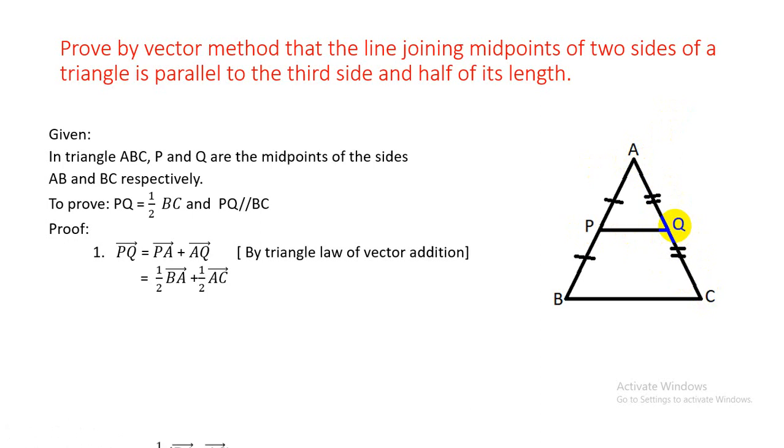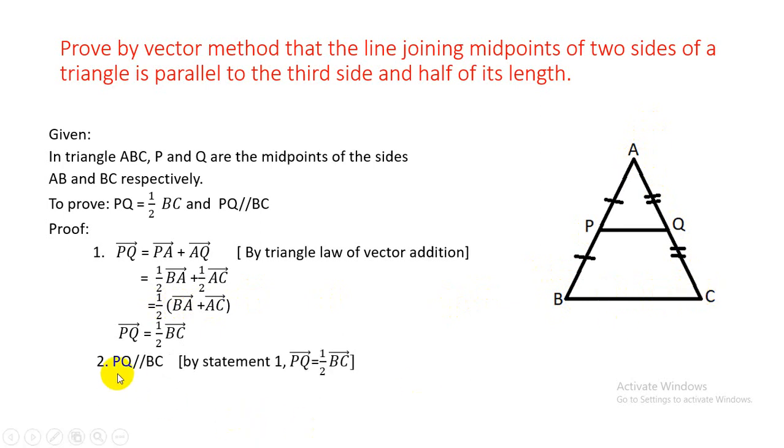Similarly, now take 1 by 2 common, then what remains? BA vector plus AC vector. See that figure, BA vector plus AC vector is equal to BC vector.